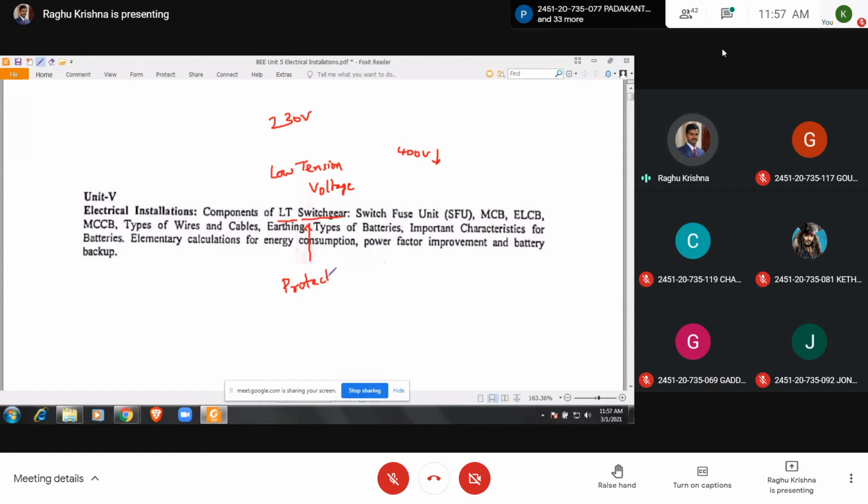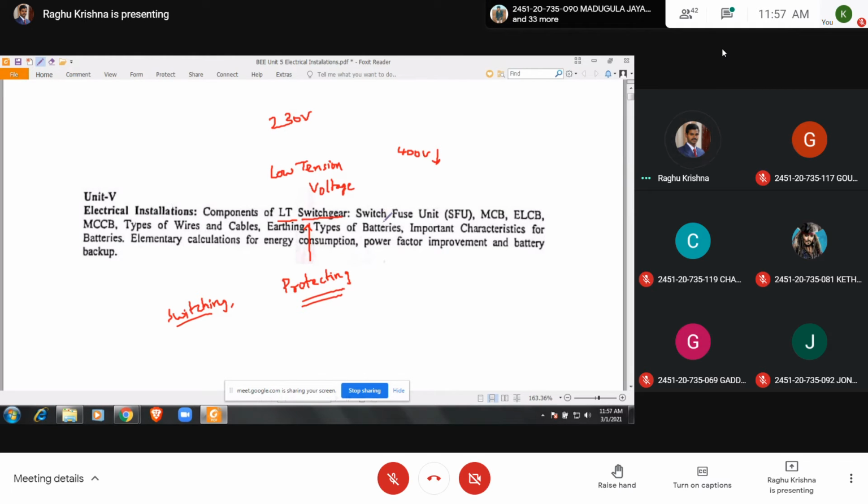So mainly we are going to see the protecting equipment. Switching means you have MCBs, and they will also provide protection. So mainly we are going to see this protection.